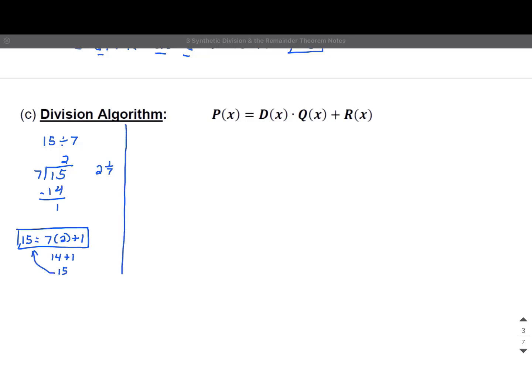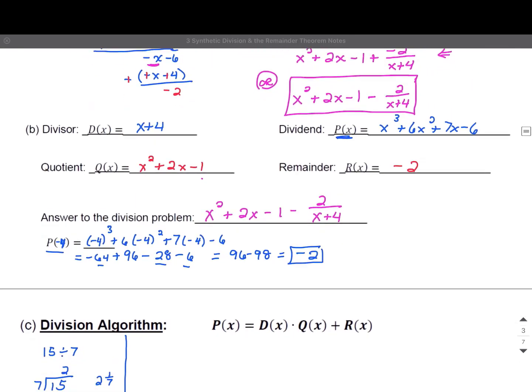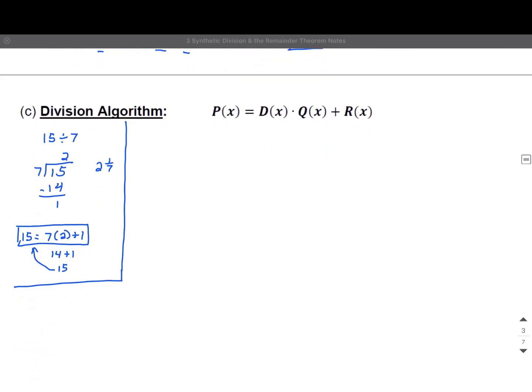Now let's try this for that same algebraic problem we just did with the polynomial. So p of x, our original polynomial that we were dividing into, x cubed plus 6x squared plus 7x minus 6, is going to be equal to our divisor, x plus 4, times our quotient.